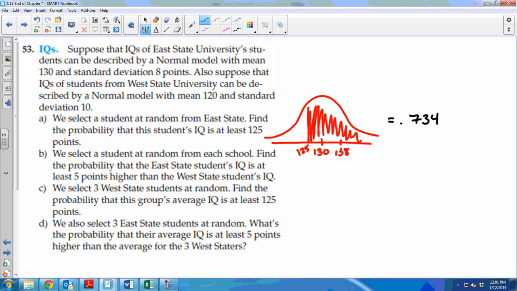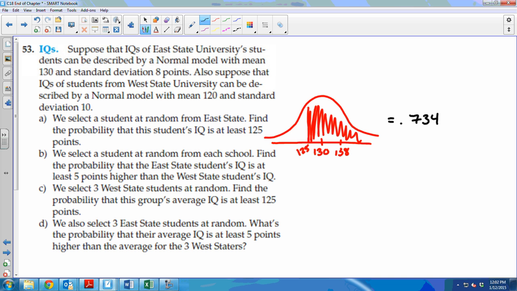On part B, we select a student at random from each school. It's just 8 on the A. Okay. All right, on B, we select a student at random from each school. Find the probability that the East State student's IQ is at least 5 points higher than the West State student's IQ.